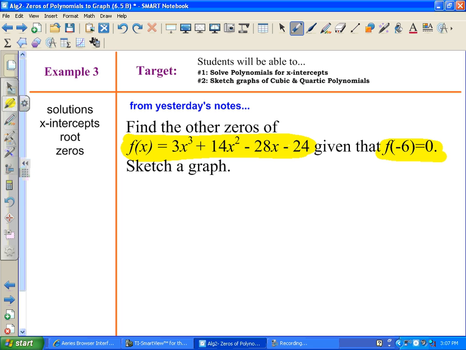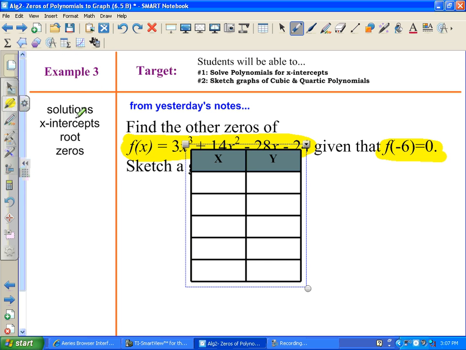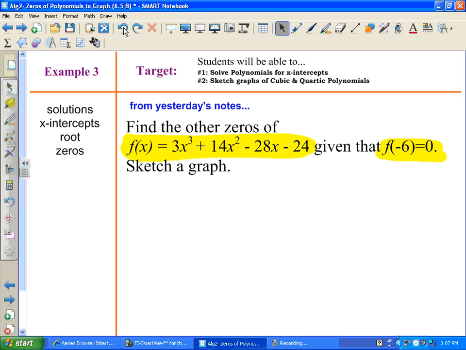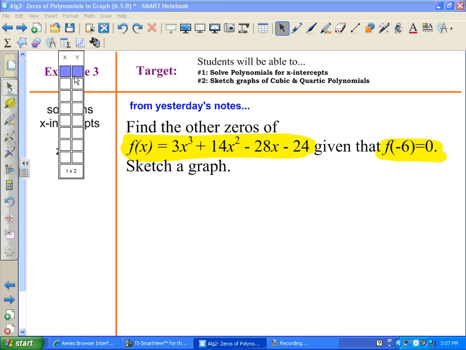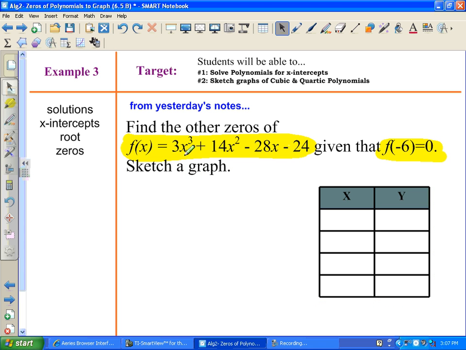Before I go any farther, I'm going to make myself an XY chart. I'm going to get down what they give me for free. What do they give me for free here? They gave me a root. -6, 0. They gave me a root for free.